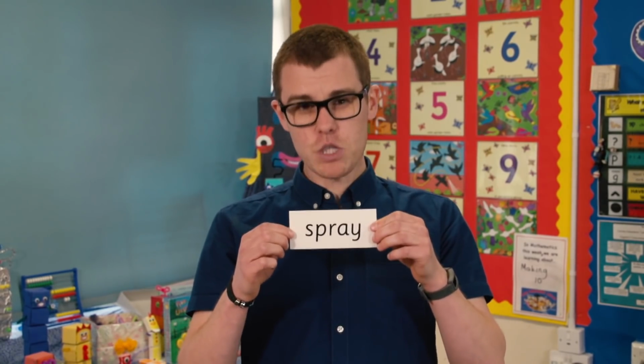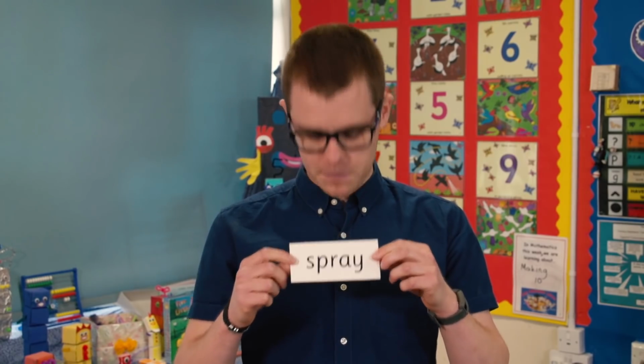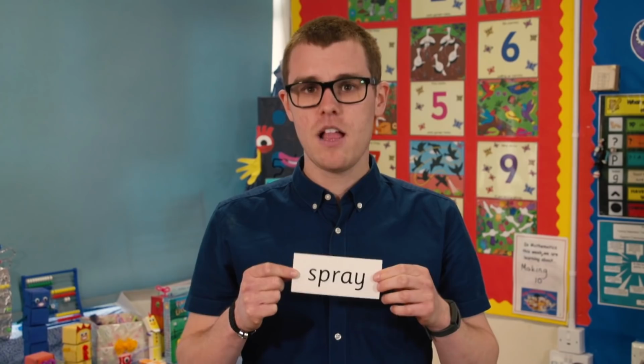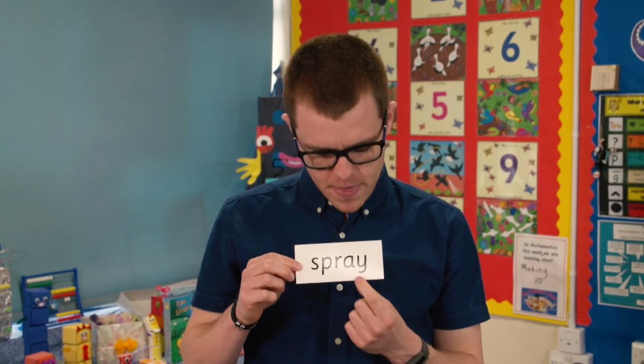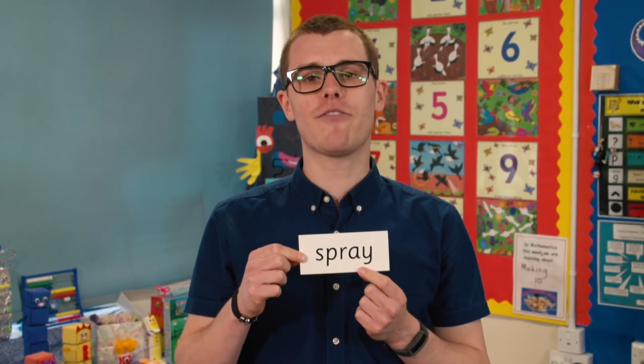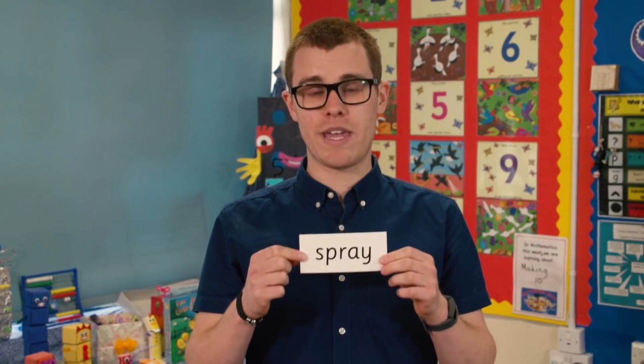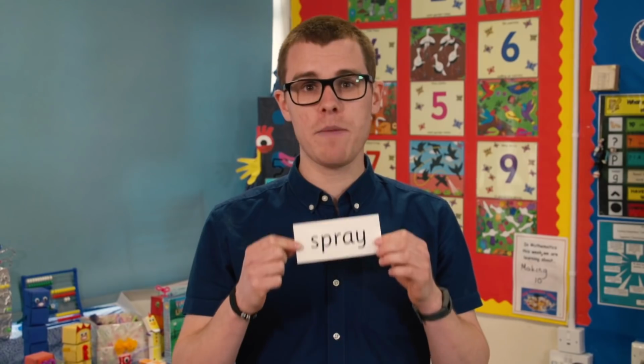OK, let's read some words with graphemes that we already know. Here's my first word. Can you spot the digraph? Where could it be? Yes, that's right. The digraph is here at the end of the word. The digraph is A. OK, now I want you to read each sound as I point.